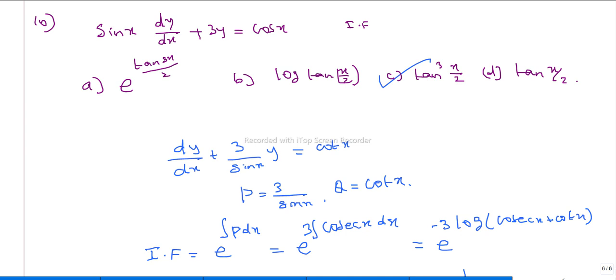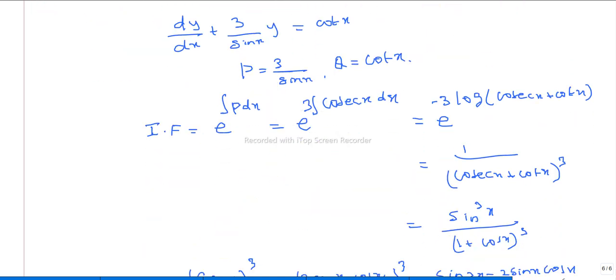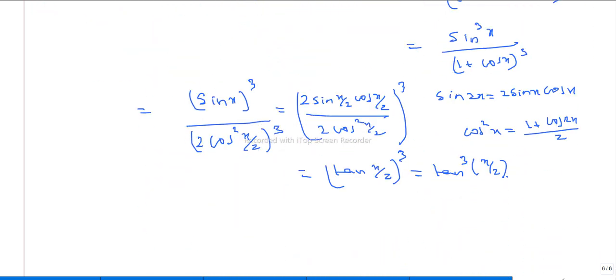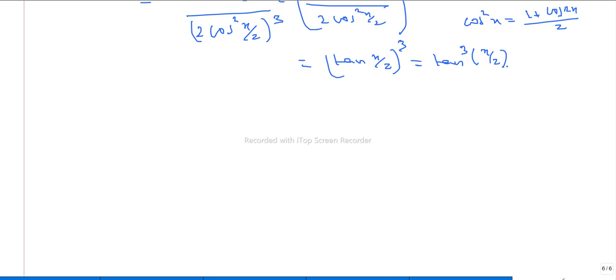Now maybe let's solve some more problems. To try this integral, maybe I will write the problem, maybe the 11th problem.